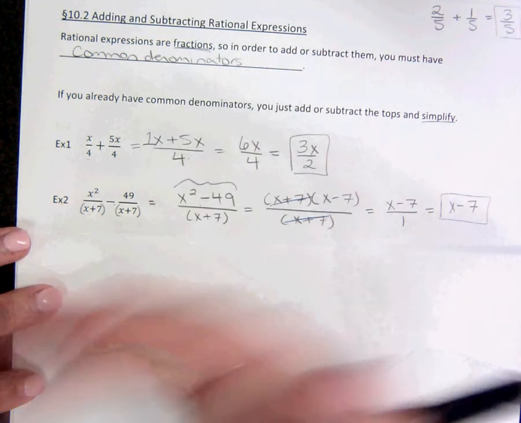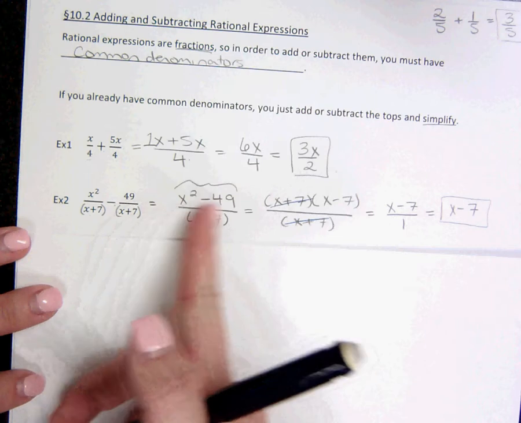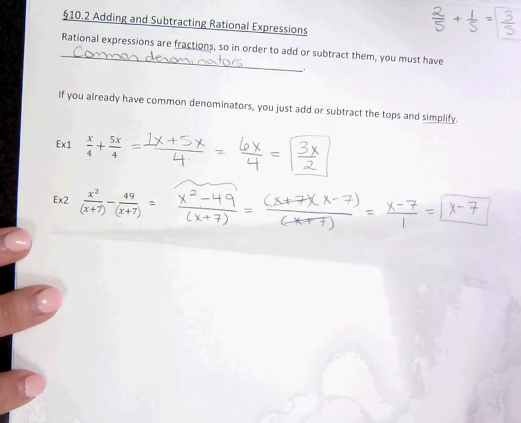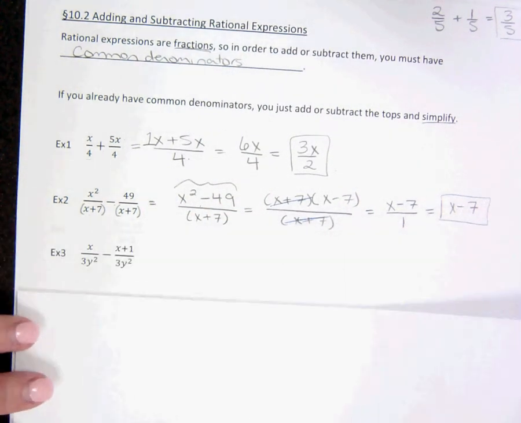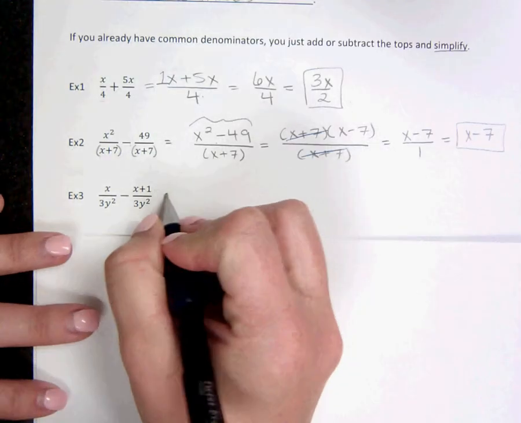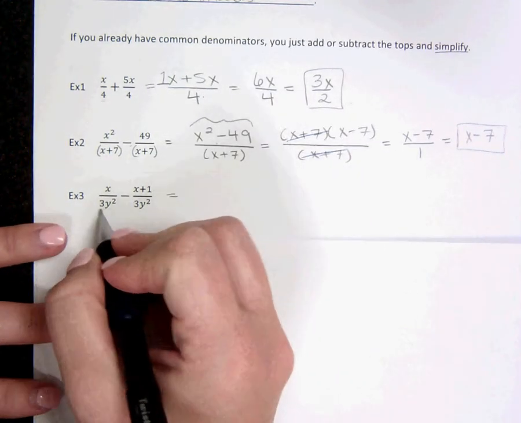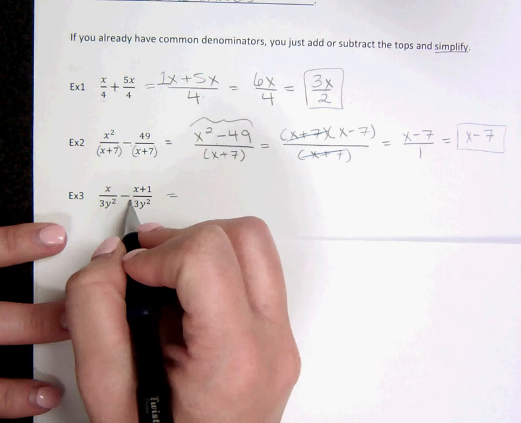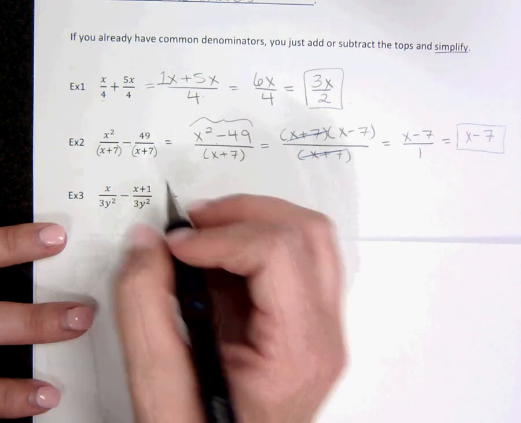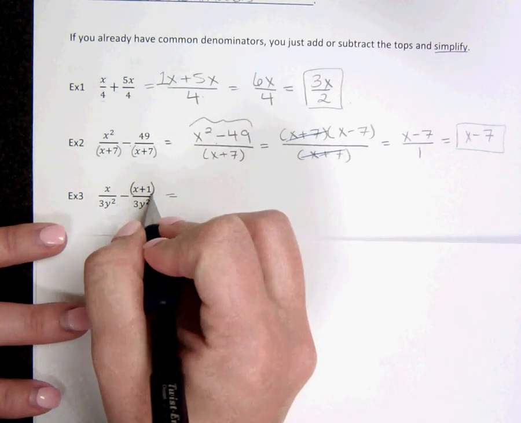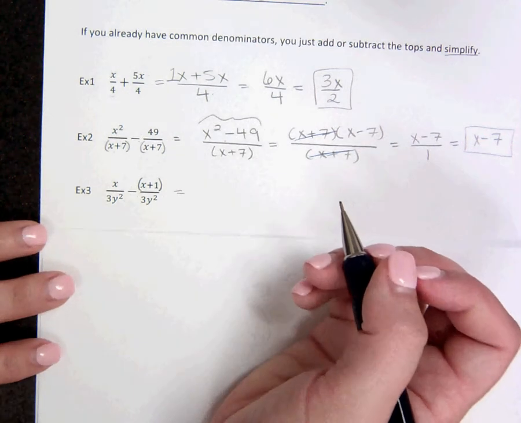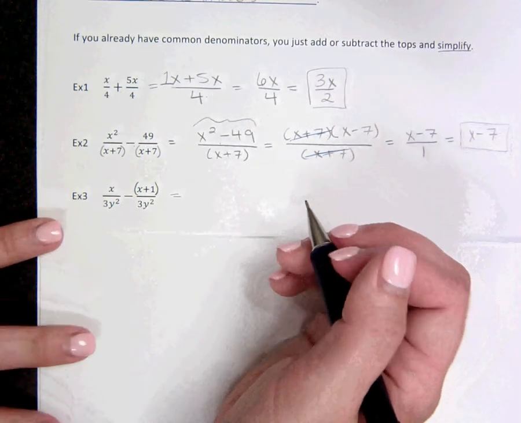So sometimes there's a little bit more you can do depending on what happens when you put things together. Let's look at one more with common denominators. We have x over 3y squared minus x plus 1 over 3y squared. Anytime you see a binomial in a rational expression, I always recommend parentheses so you can keep it together.